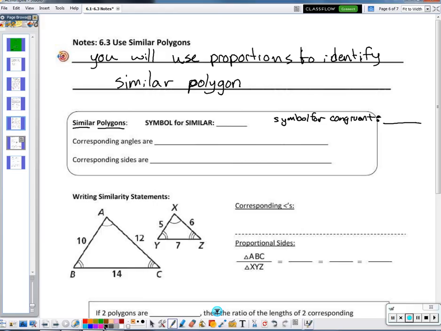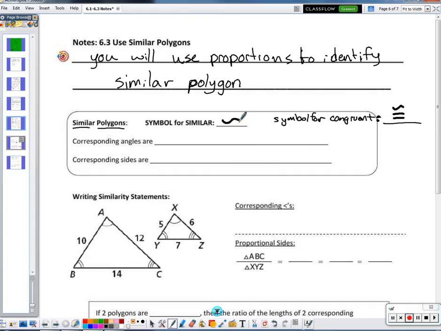Equal sign with the squiggly, right? Equal sign with the squiggly on top. Similar is just going to be the squiggly. So equal sign is an equal sign. Congruent sign is an equal sign and a similar sign. And similar is just a similar sign.